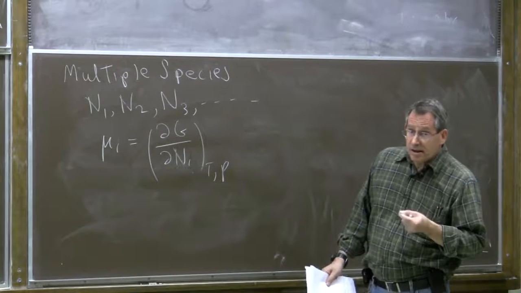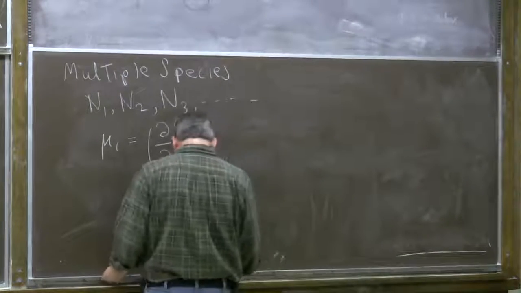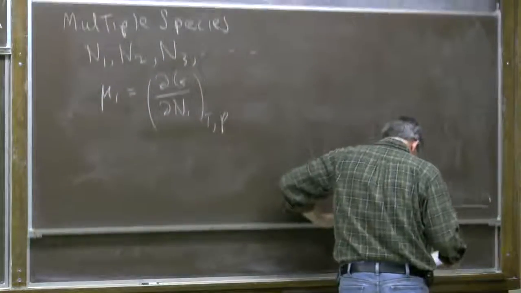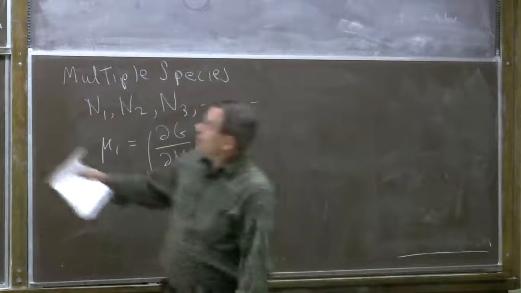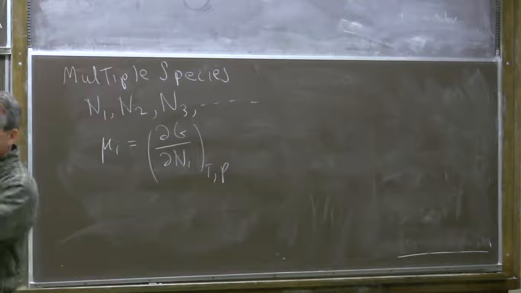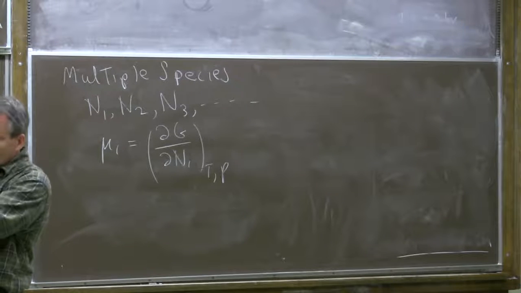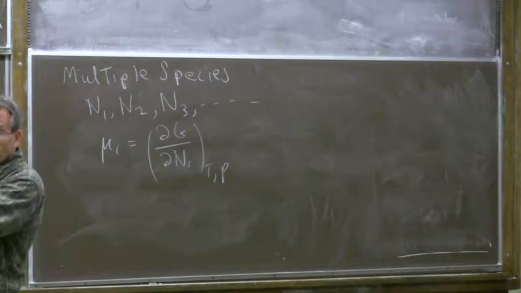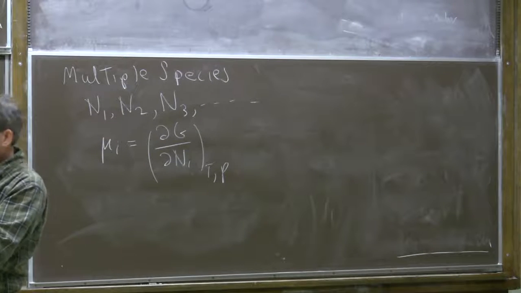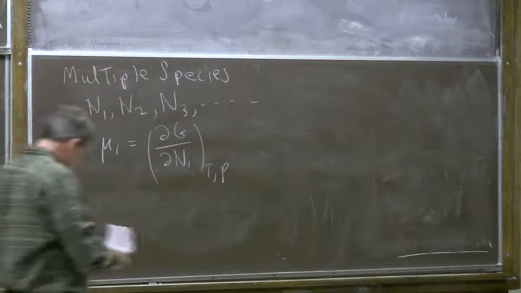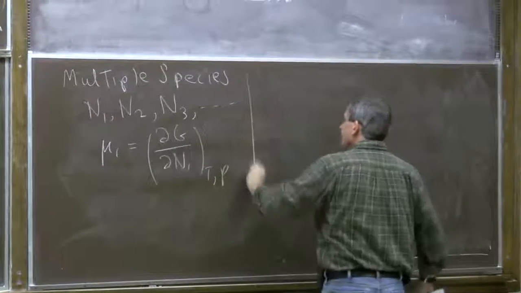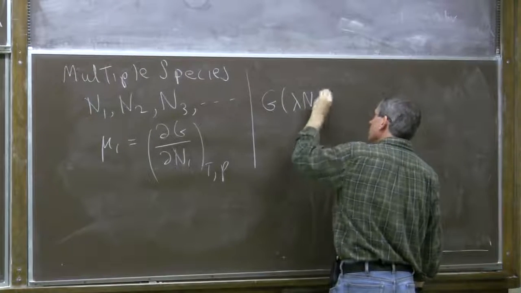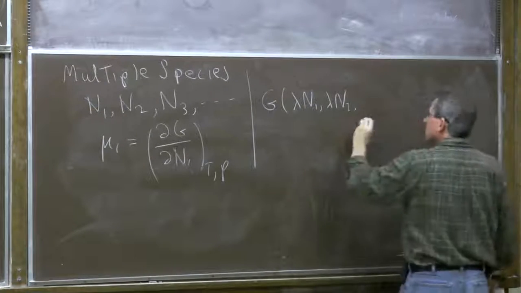Now, when we say that G is extensive, well, we really mean this. If we have many species, if we make a bigger and bigger subsystem of a big system, the number of particles of each type, they all scale together. They all scale with system size, right? So if we scale up the system size, we're considering multiplying N1, N2, and so on.